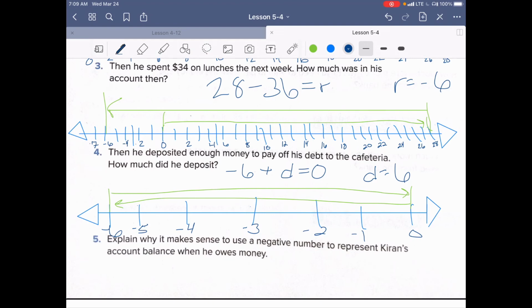Welcome back. Explain why it makes sense to use a negative number to represent Kieran's account balance when he owes money. It makes sense to use a negative number because he owes money that he doesn't have to an establishment. So he owes the bank $6, so we would put a negative in front to show that his balance is -6.